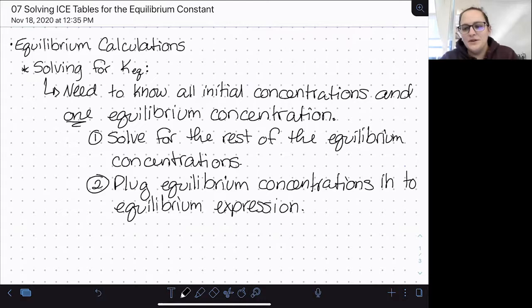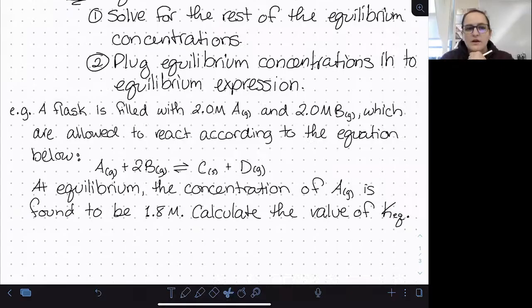So let's look at a couple examples. This is the same kind of generic example system that I used in the previous video where we were just setting up an ice table. But you'll notice we have one additional piece of information. In the previous video, all I gave you was the initial concentrations.